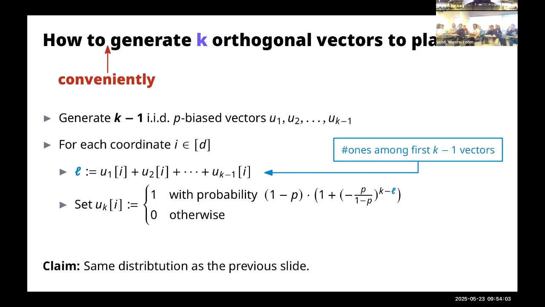And I claim that this distribution is exactly the same distribution as we saw on the last slide, it's just a different way to generate it. So even though I do something special for the last vector, in the end, the marginal distribution of every subset is going to be the same. It's just a more convenient way to do it. The proof is just to calculate these probabilities, with some formulas that are very instructive.